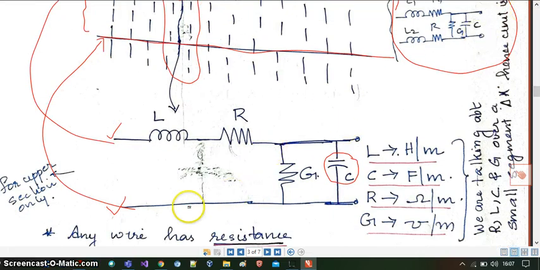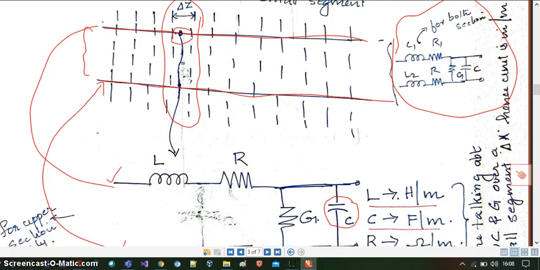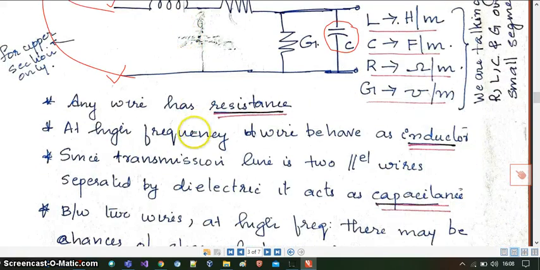Here I haven't drawn the lower part. So I repeat, when you zoom into this smaller portion, you can see the wire will have a resistive nature as well as an inductive nature. Then between the two wires, it will have a capacitive nature and a conductive nature. So that is written here.